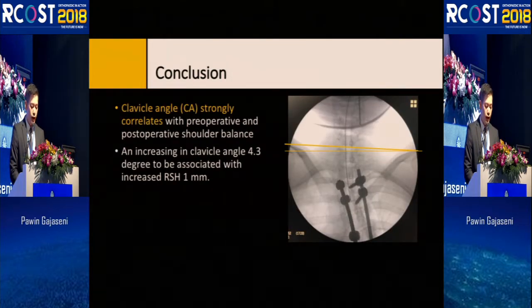So in summary, the results of this study can help to guide surgeons who perform posterior spinal fusion for AIS to reduce the chance of postoperative shoulder imbalance, especially with intraoperative imaging of the clavicle angle. The clavicle angle is an important parameter to predict the postoperative shoulder balance. However, the first rib angle and T1 tilt are still useful guides for medial shoulder balance.